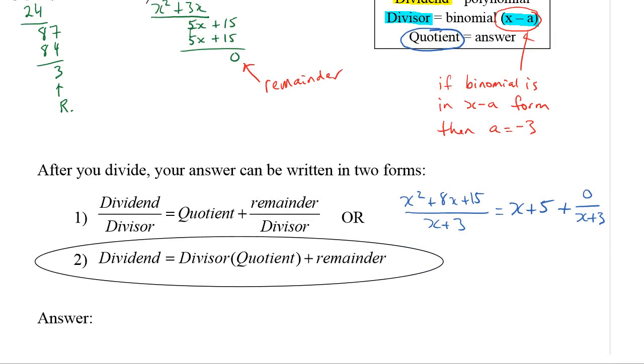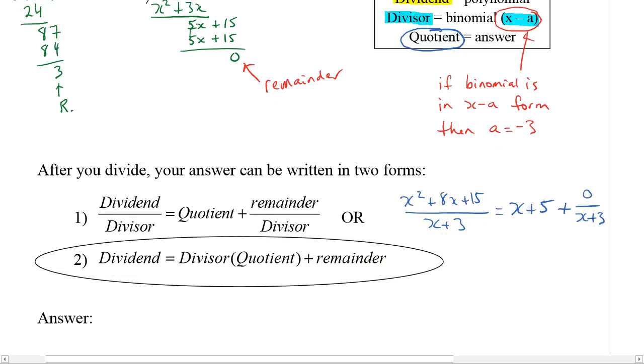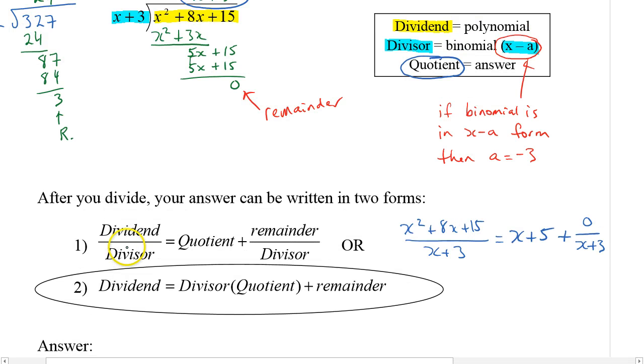The second way, it's circled because I think the writer of these notes wanted to emphasize this. The other way to write this, if you look at the three terms, is if we multiply everything by the divisor, so the divisor disappears here, but we get quotient times divisor, and then we just get a remainder there.